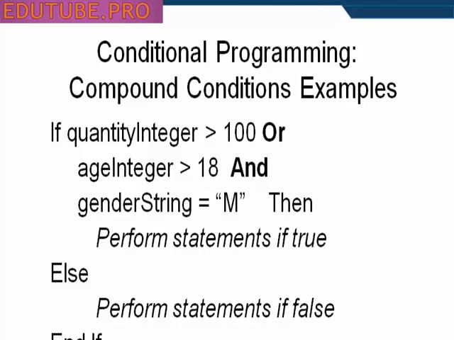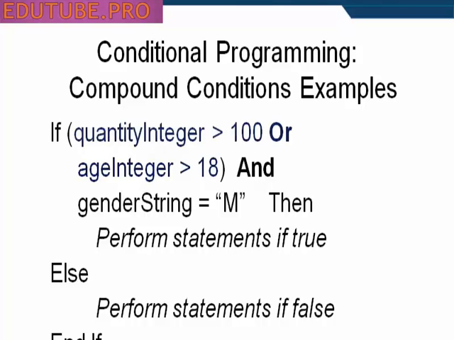Another way of looking at this is to imagine there's a set of parentheses right before the variable age integer, and then a closing parenthesis after the letter M in the gender string comparison, because the word AND by default causes that portion of the if statement to be evaluated first. If, however, you want to alter this, just like in an algebraic equation, you can indeed use parentheses.